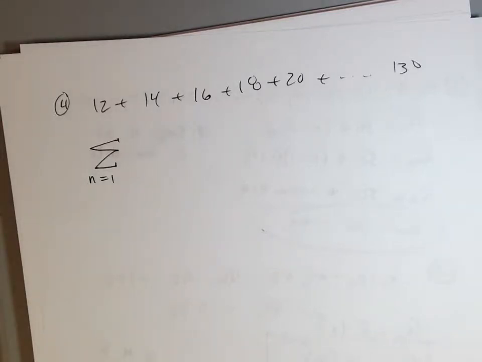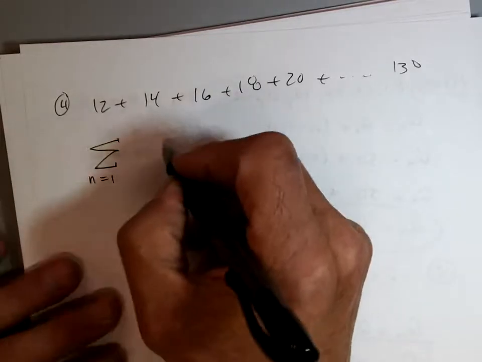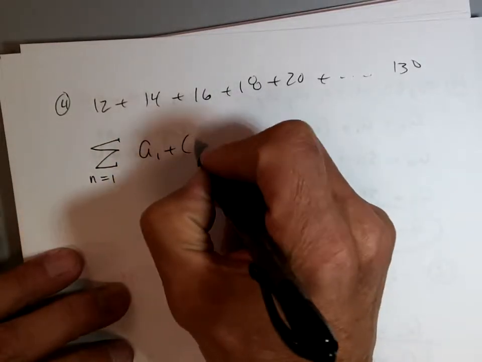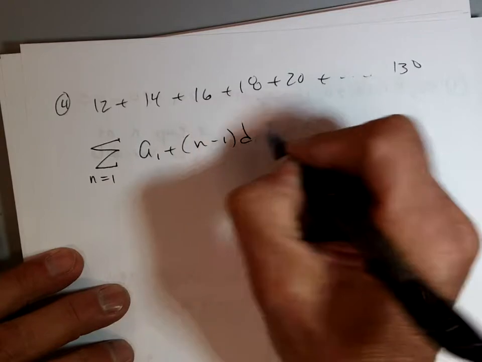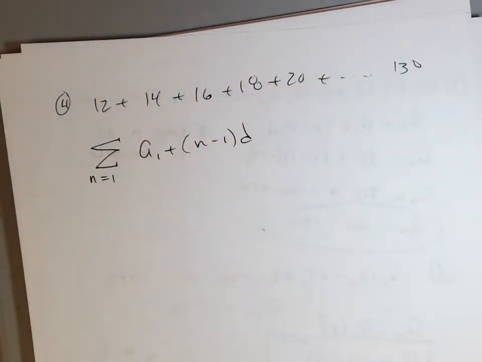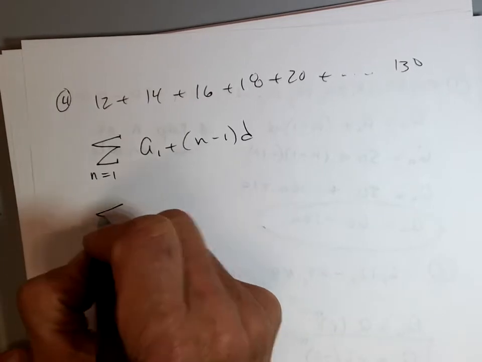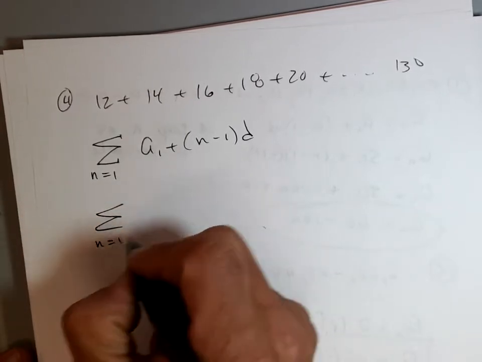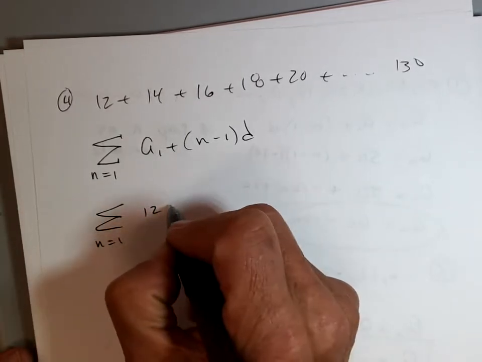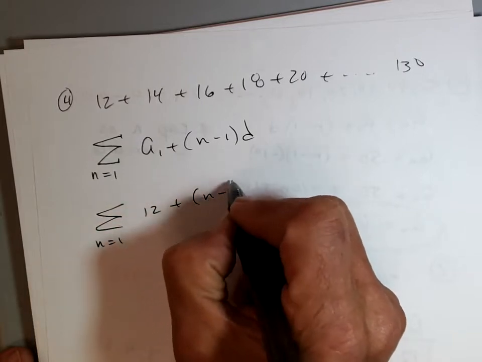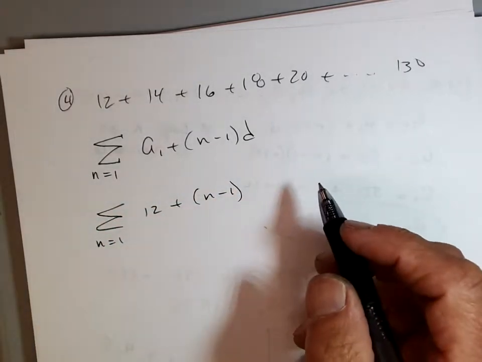So let's use that one. It is arithmetic, so we'll go a1 plus n minus 1 times d. We're going to keep n as a variable, right? Okay, so I'm going to fill some things in. Sigma, n equals 1 of 12 plus (n minus 1) times... and what's the difference? 2.